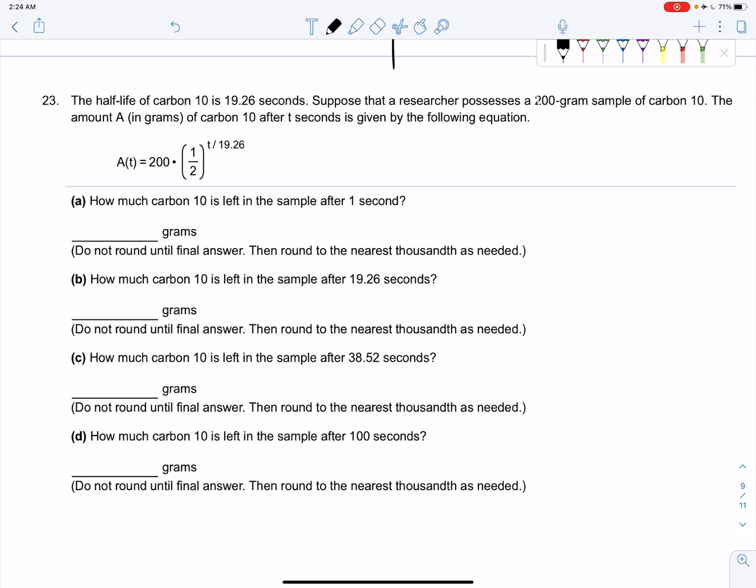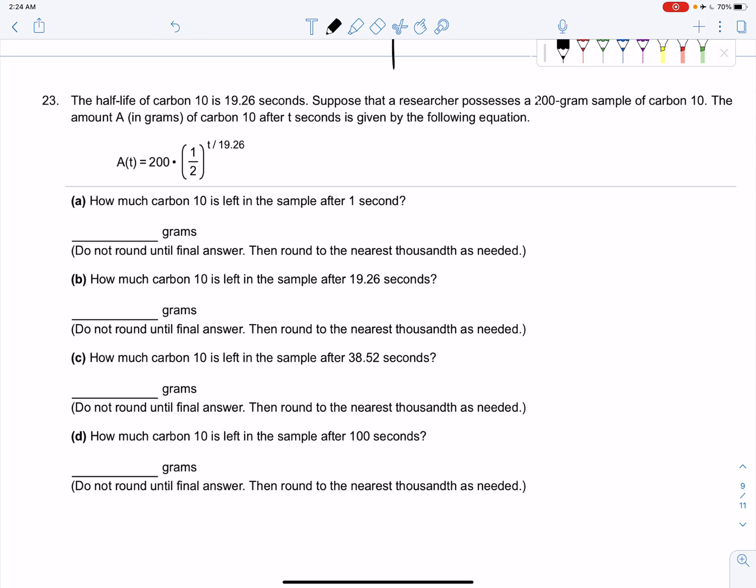So let's read this problem. It says the half-life of carbon-10 is 19.26 seconds. Wow, that's pretty fast. Suppose that a researcher possesses a 200 gram sample of carbon-10. The amount A in grams of carbon-10 after t seconds is given by the following equation.